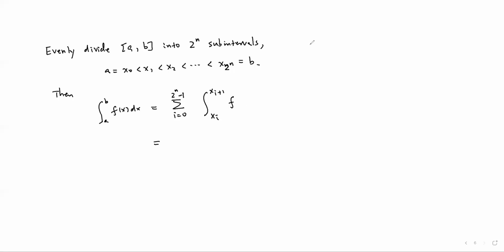From x_i to x_{i+1} the distance is h_n, where h_n is (b minus a) over 2^n. So x_{i+1} is x_i plus h_n. Now x is between x_i and x_{i+1}, so x equals x_i plus h_n times t.